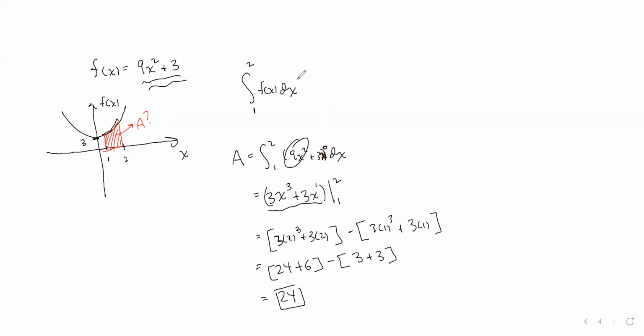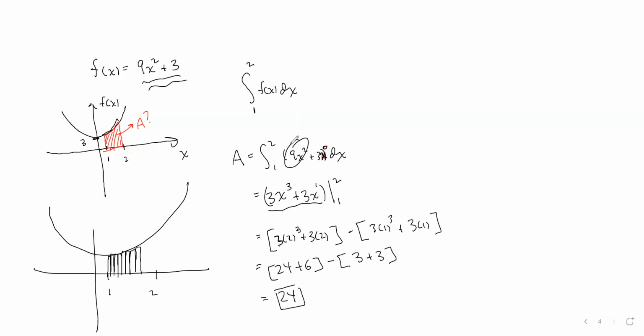Don't forget, though, what this actually boils down to. It actually boils down to the following. Between x equals 1 and x equals 2, we are drawing an infinite number of infinitesimally wide rectangles.